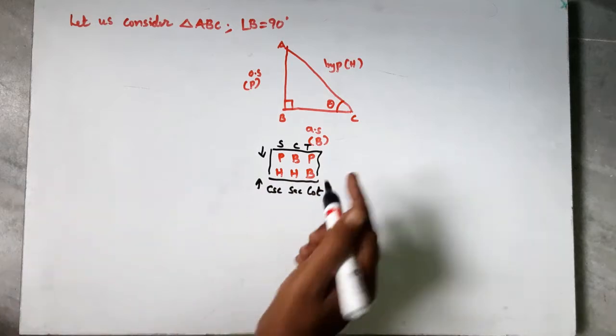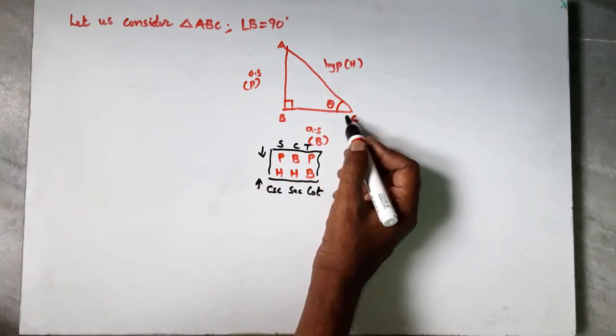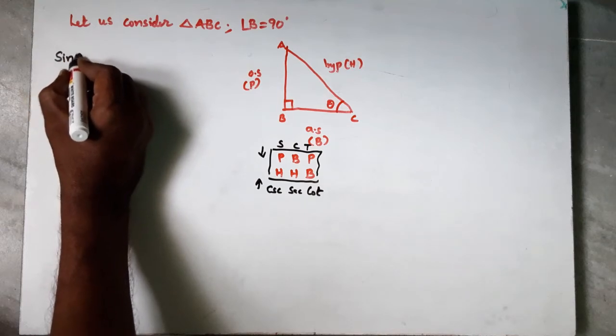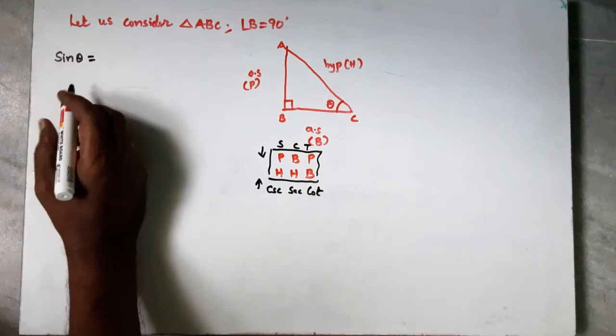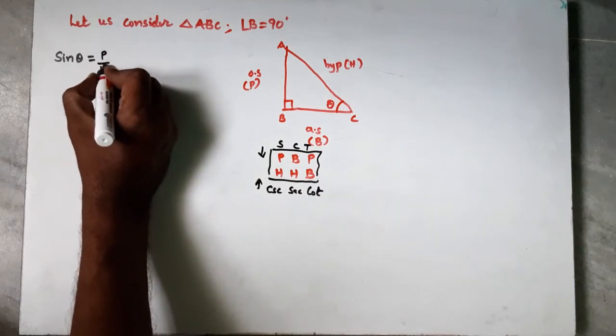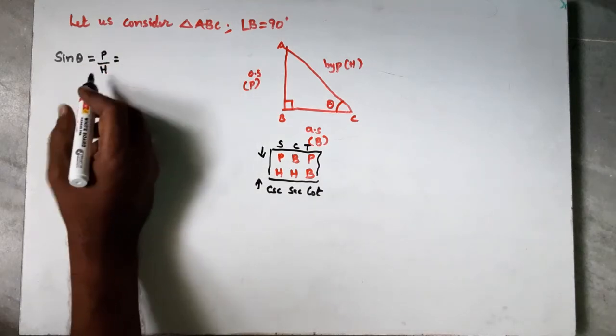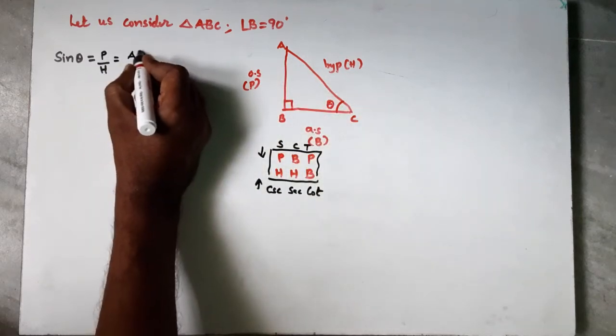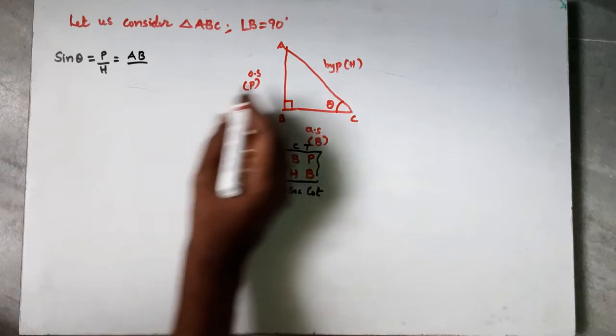Now regarding theta, sine theta is equal to P by H. What is P? AB, by H means AC.